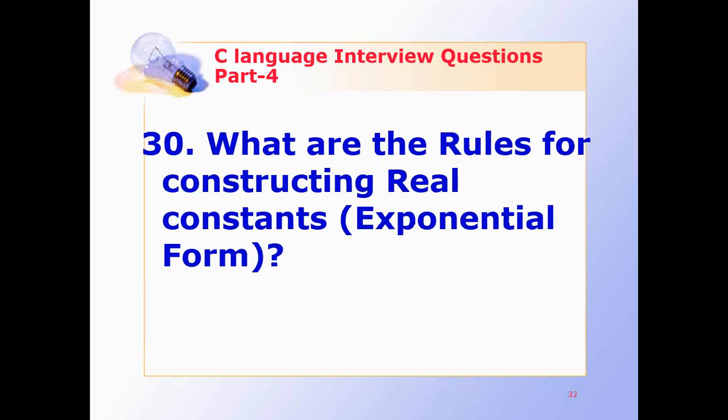What are the rules for constructing real constants in exponential form? The mantissa part and the exponential part should be separated by the letter E. The mantissa may have a positive or negative sign. Default sign is positive. The exponent must have at least one digit.